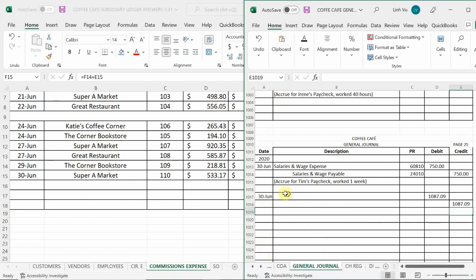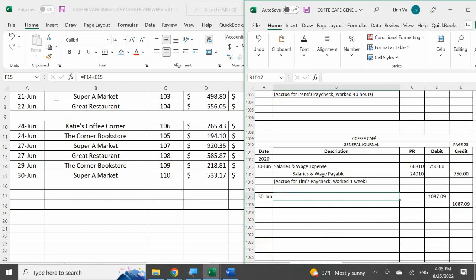You've got commissions expense, where it will be debited, and commissions payable is where it will be credited. Because he gets paid the same day as everybody else, Irene and Tim, we're not paying him today either. We're going to pay him on July 12th, just like everybody else. So in this case, we are recording what we owe him for the month of June. We got commissions expense and commissions payable.